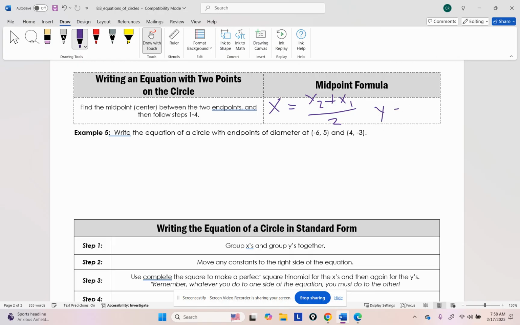And for your y is going to be y2 plus y1 over 2. Okay? And that's how you find the midpoint. So you're basically adding your x's, adding your y's, and then dividing by 2, and that will give you the midpoint. And this is how you're going to write the equation of a circle, given you have 2 points.